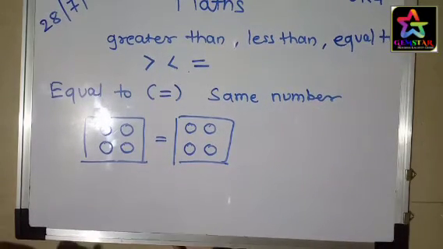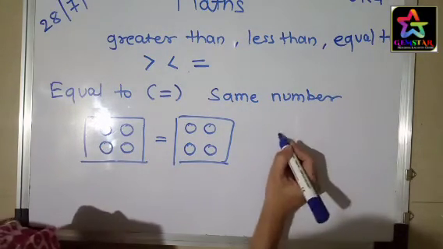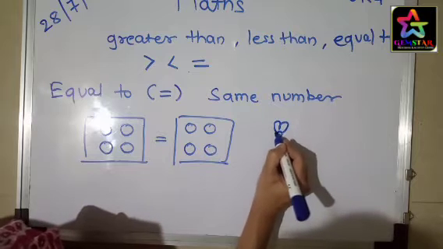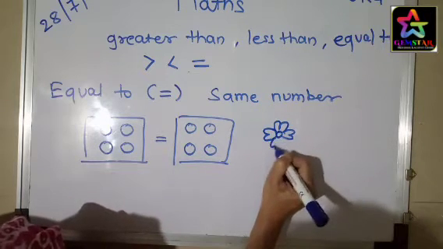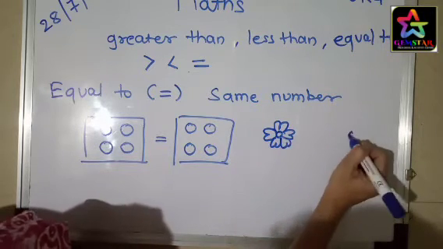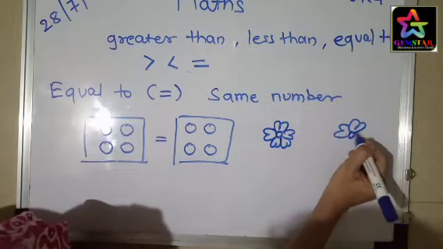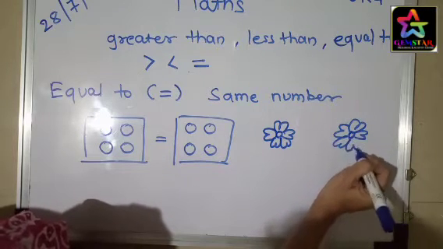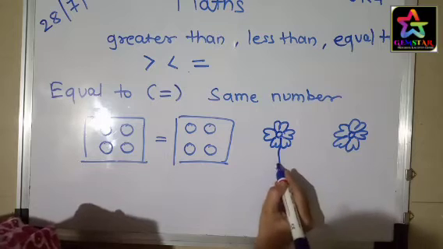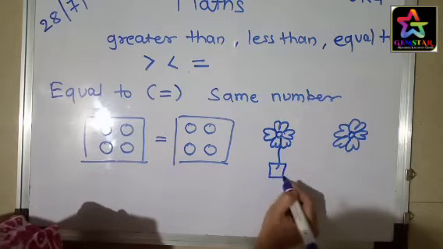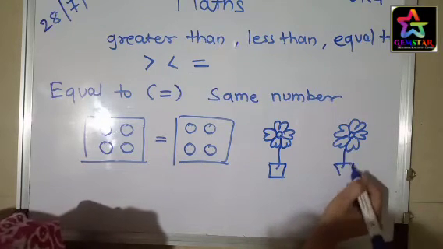For example, there are flowers. One flower and there is another flower on a, suppose, on a pot.